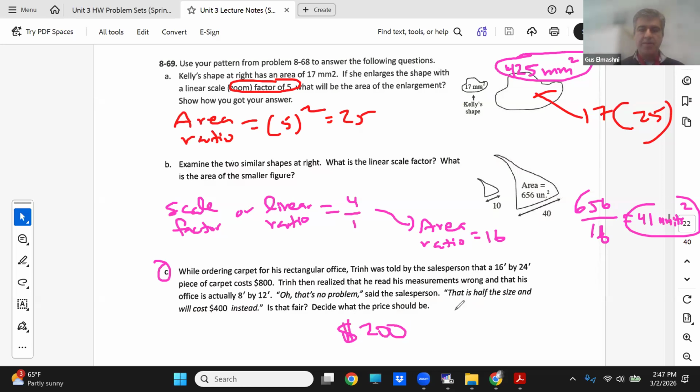$200 because each dimension... Actually, let me tie this up, guys. Let me finish typing this, and then you can move on to the last page.